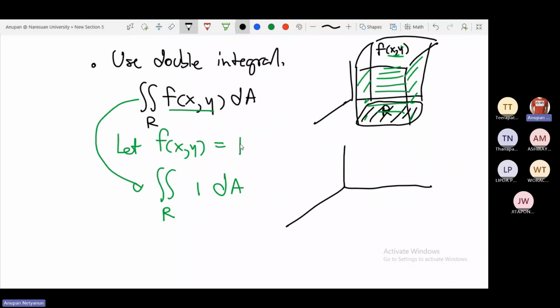Now let's draw a picture. You have a function that is a constant function equal to 1. So f(x,y) actually means it's equal to z. So that means z is always equal to 1.